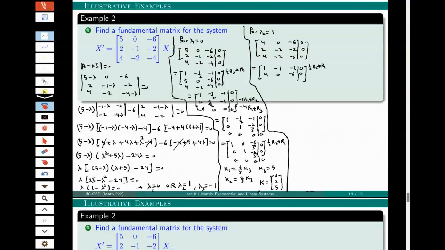Row 2 becomes row 1, and row 1 becomes row 2. That's 4, minus 2, minus 5, 0. So we'll use it to make the elements below 0. We will say that's our leader.